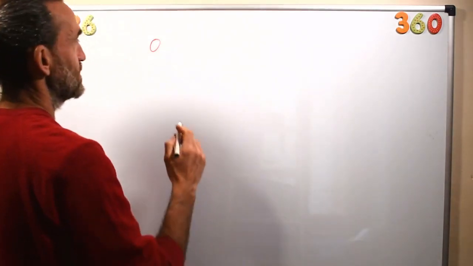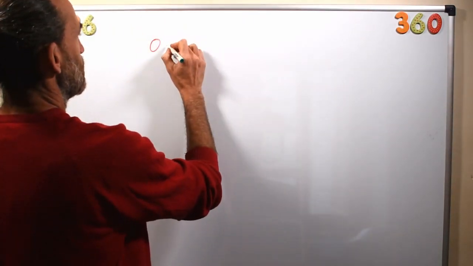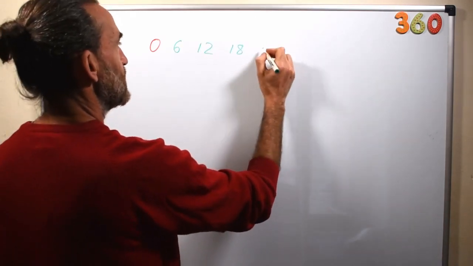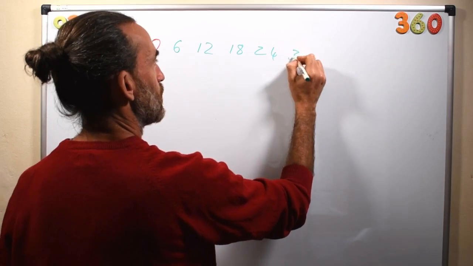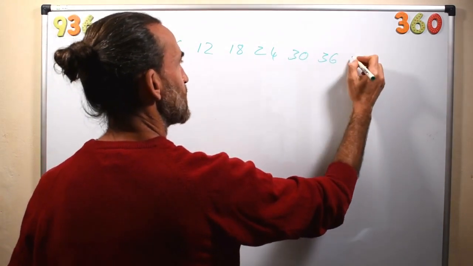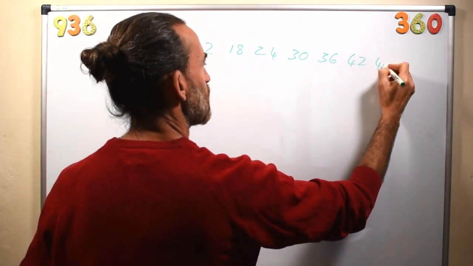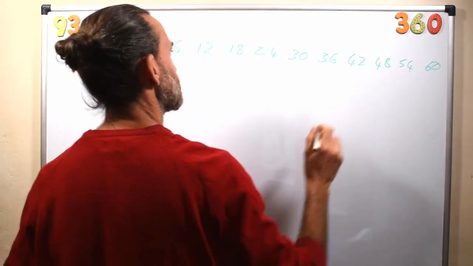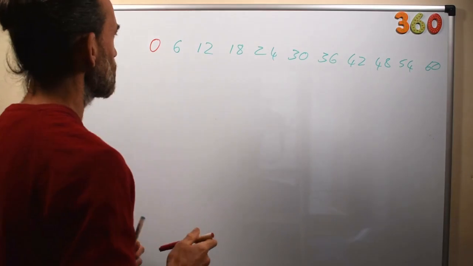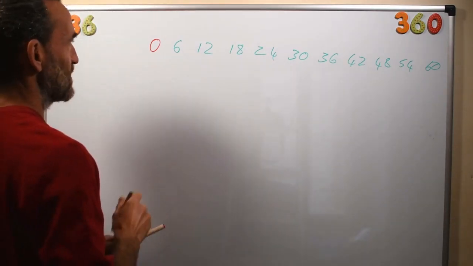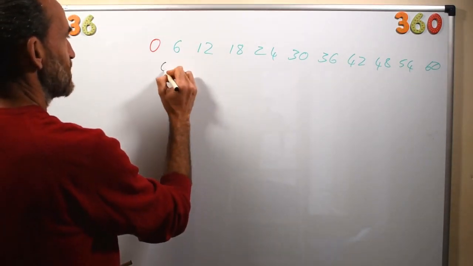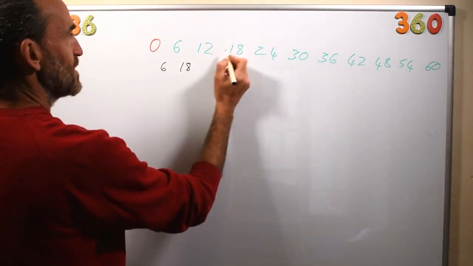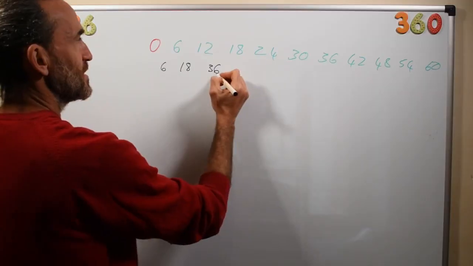We'll do the 6 times table. So 0, 6, 12, 18, 24, 30, 36, 42, 48, 54, 60. So let's do the maths here. 0 to 6 gives you 6 points. Add in the 12, goes up to 18. Add in the 18, 36.